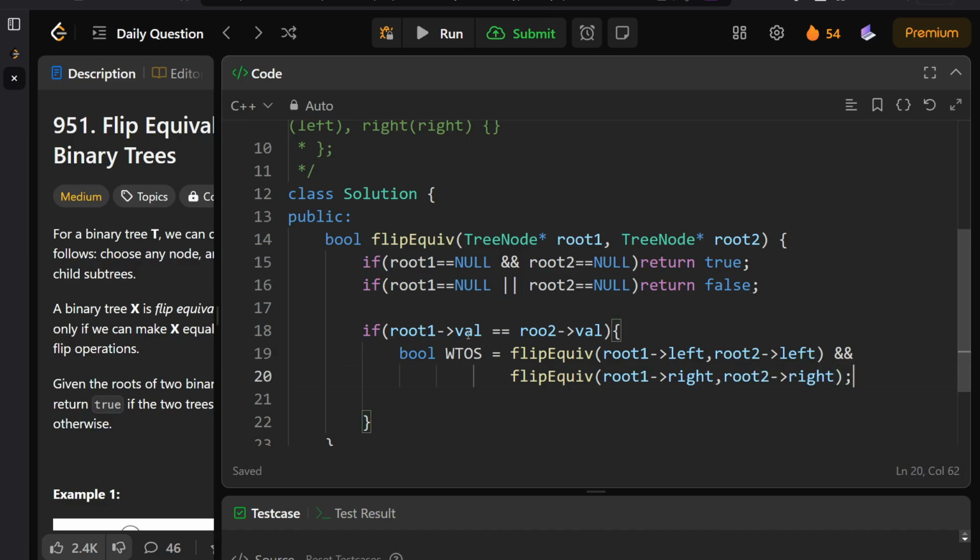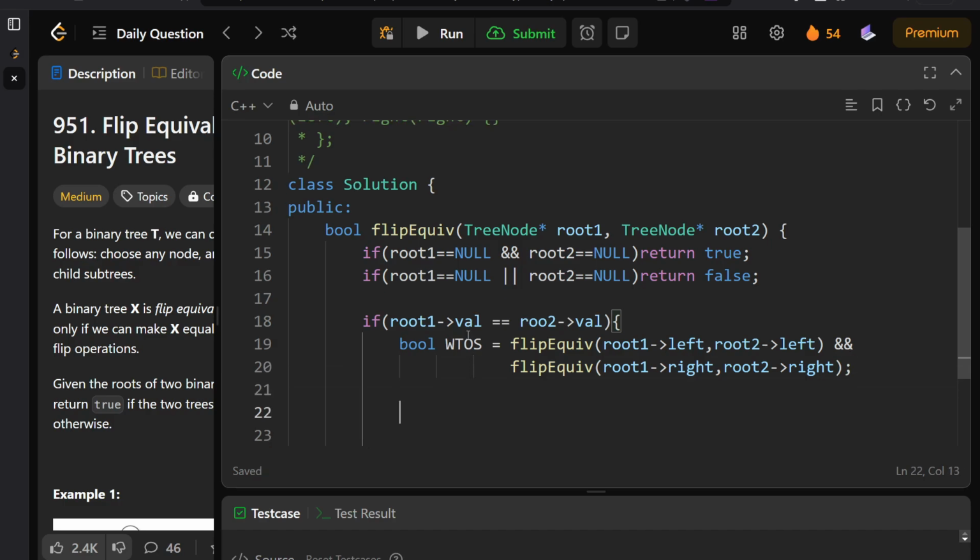Done. Nice. This is for the without swapping case, and if any of the nodes need swap, then what do we have to do? We have to call a function for with swap. So again we call that particular function, and here we check root 1's left with root 2's right, and if this is true, okay, fine.